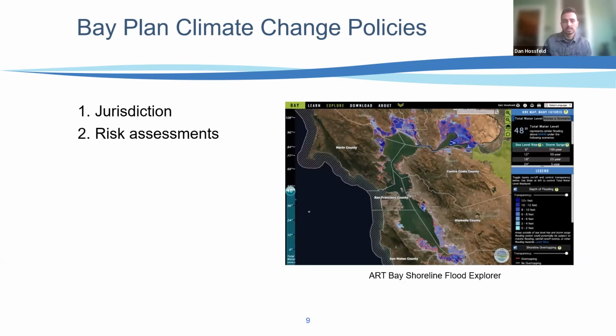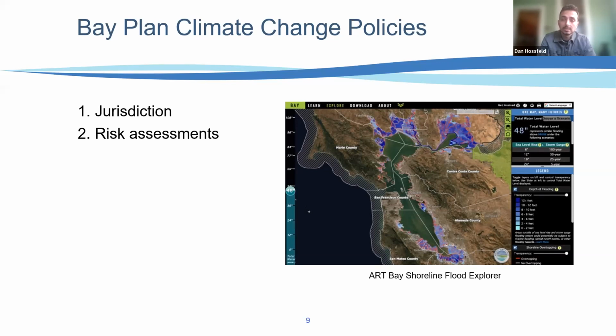So policy 2 is where we get into some of the interesting policies that BCDC was able to enact. This policy requires that larger shoreline projects must complete a risk assessment regarding sea level rise and potential future flooding.